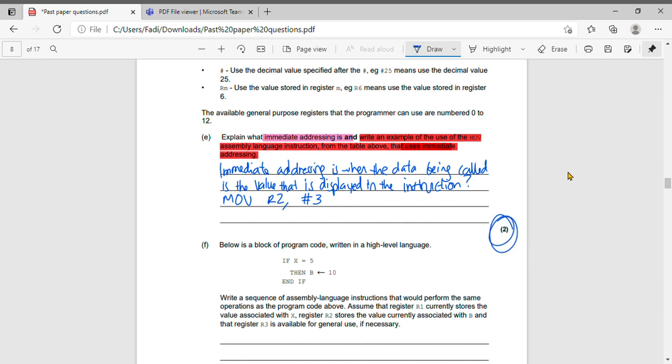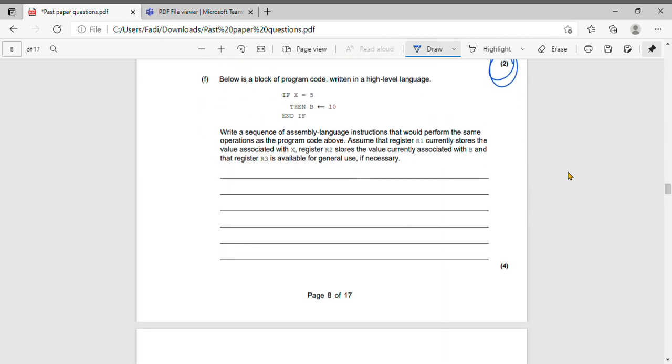There we go. Below is a block of program code written in high-level language. Write a sequence of assembly language instructions that would perform the same operations as the program code above. Okay, so let's do this.